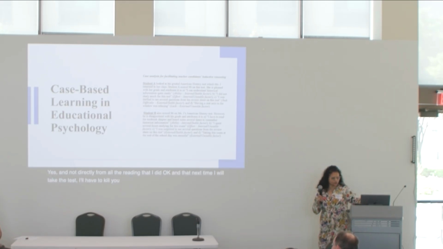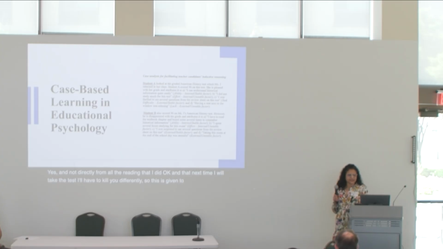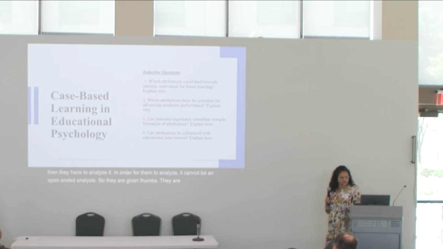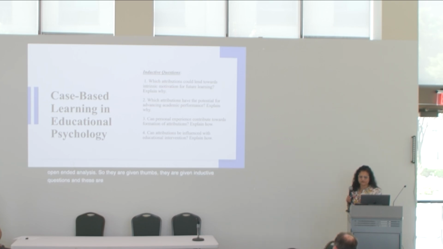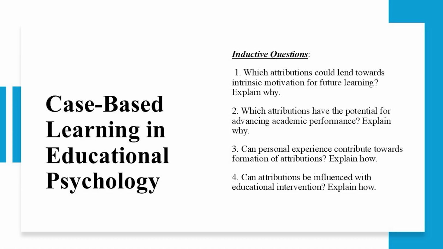So this is given to the groups, and then they have to analyze it. In order for them to analyze it, it cannot be an open-ended analysis, so they are given prompts, inductive questions. These are the questions given to them based on the two cases, and they have to basically apply the concepts from the reading from educational psychology.